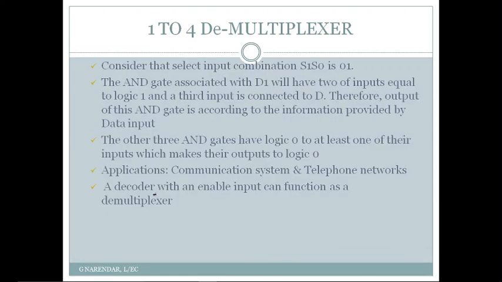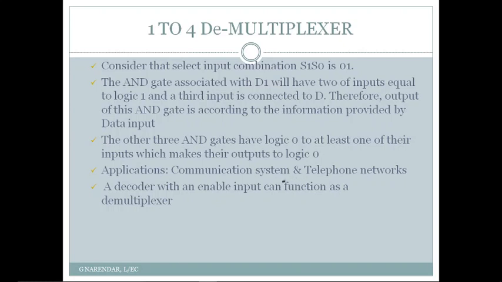So you can see that there are a number of applications for the 1 to 4 demultiplexer. The important applications are the communication systems and the telephone networks, where you want to transmit a number of signals over a single transmission line and separate the data at the output side, and the separated outputs can be transmitted over a number of output lines.